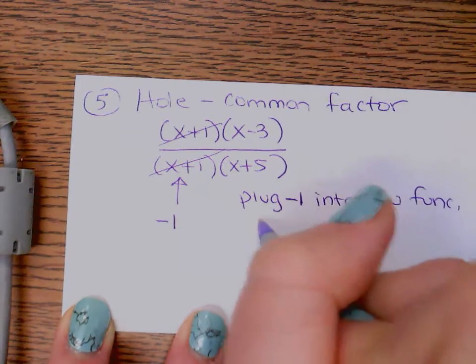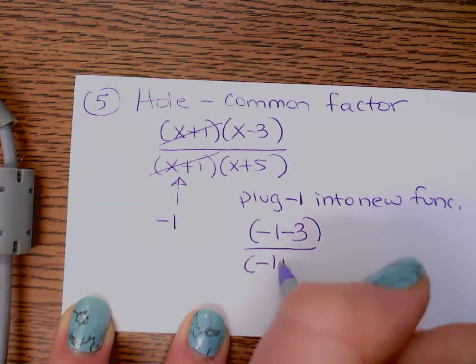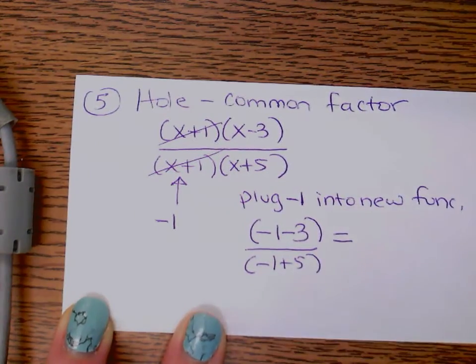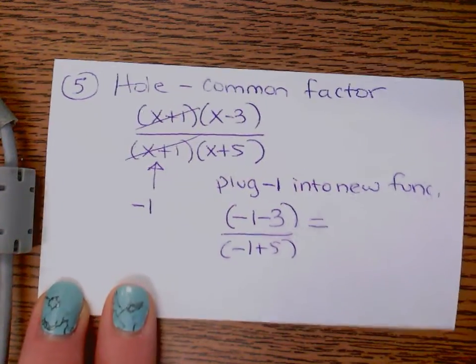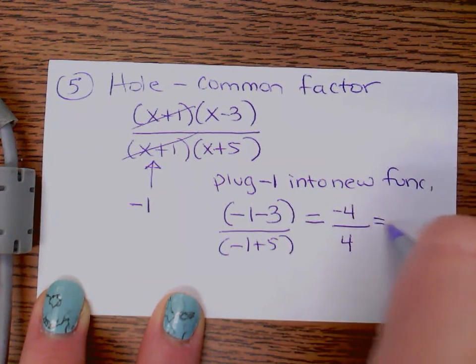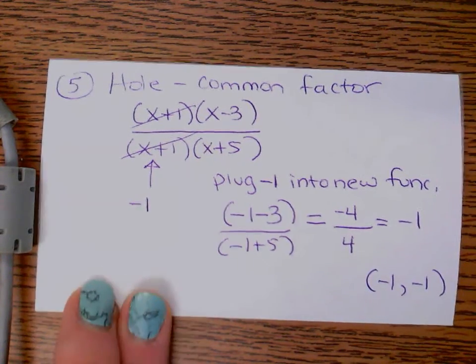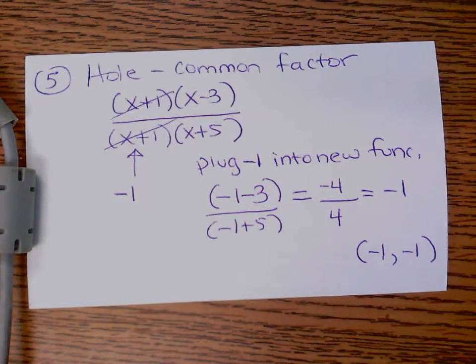So it would be -1 minus 3 on top and -1 plus 5 on the bottom, and then see what that is equal to. So -4 over 4 would be, happens to be -1, -1, but the x value doesn't always come out the same as the y value. So just at least you have an example of finding a hole.